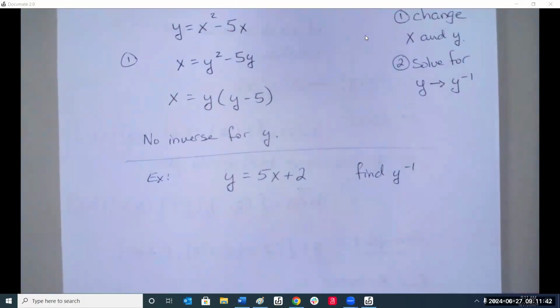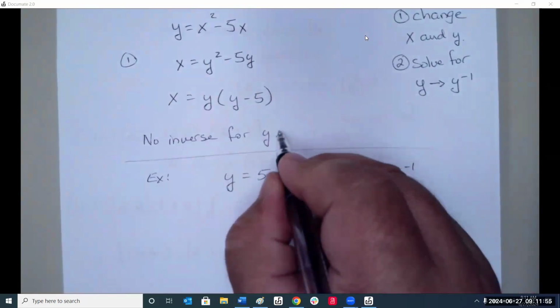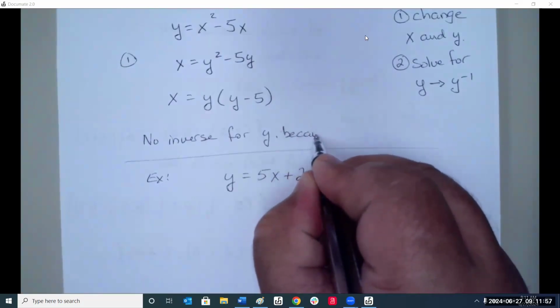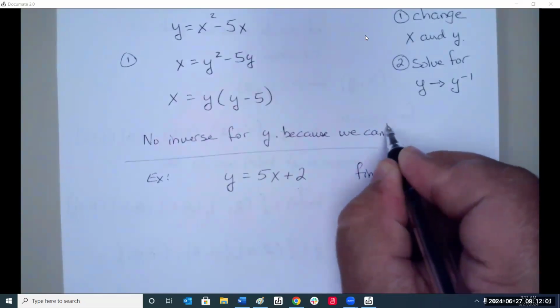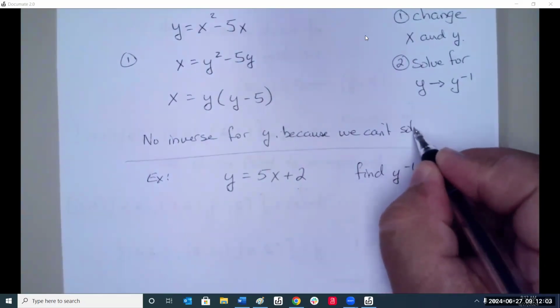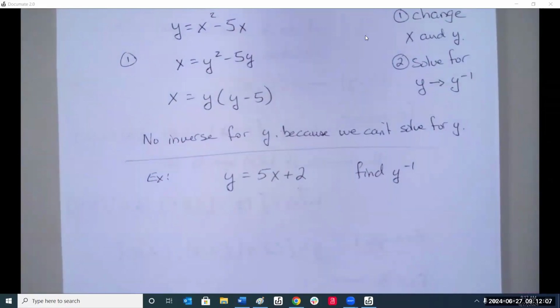Find the inverse. Okay, I should say no inverse for y because we can't solve for y. We can't get y to have only one answer.